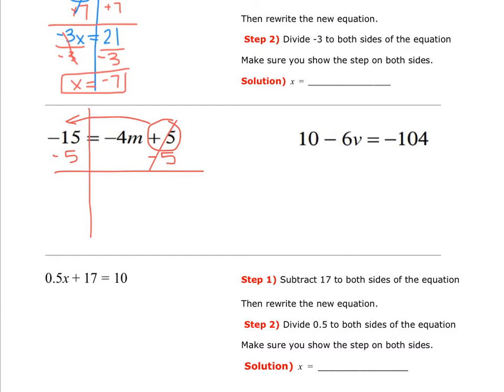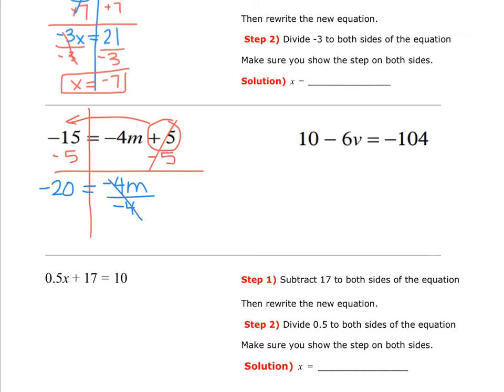Now what am I left with? Well, starting on the left side, I like to always work from the left side to the right. I have negative 15 minus 5. That would give me negative 20. Bring down my equal sign, and there is still a negative 4m over here. On the side that has the variable, it is not by itself yet, so we need to get rid of that negative 4 that's getting multiplied right now. So inverse of multiplication is division.